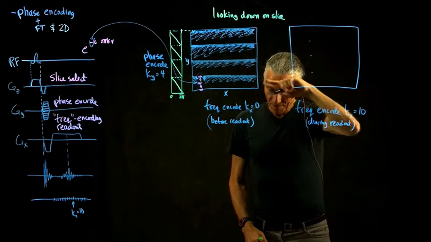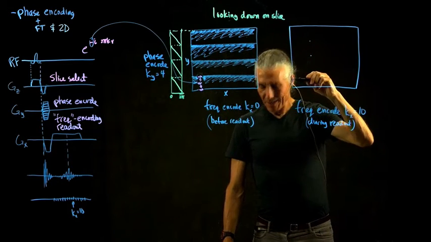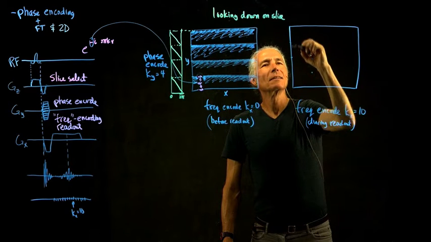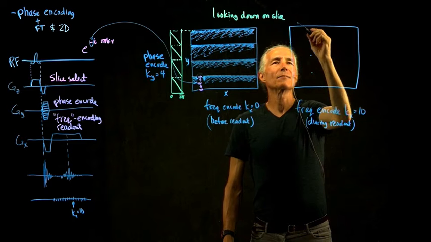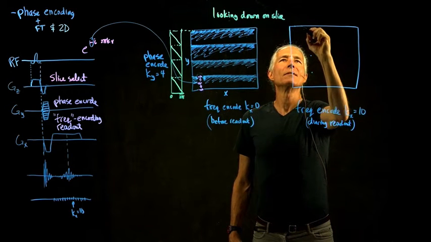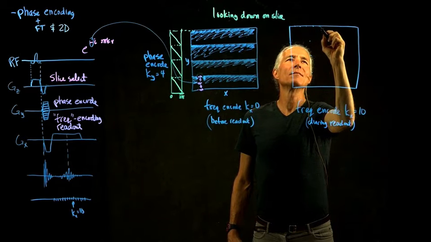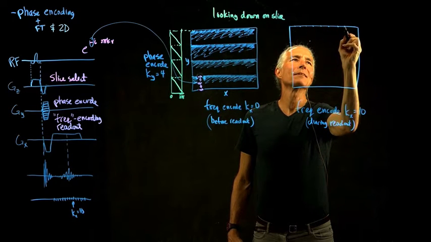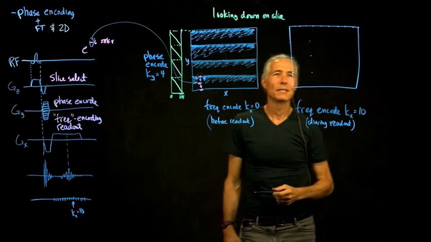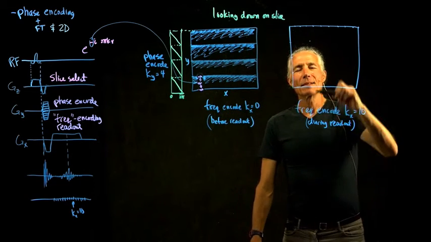So the plan is, let's see if I can do this approximately right. So what we want is 1, 2, 3, 4, 5, 6, 7, 8, 9, 10 stripes in that direction. So 10 stripes in that direction.